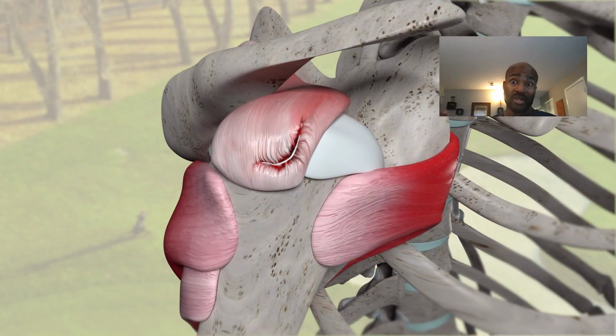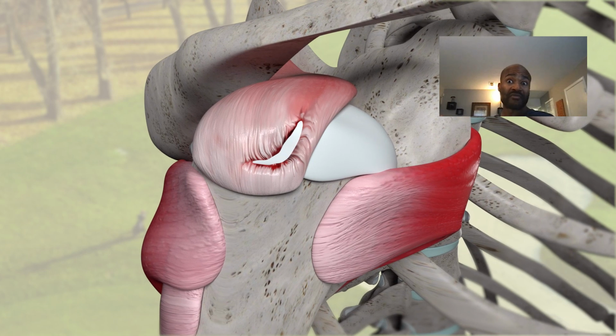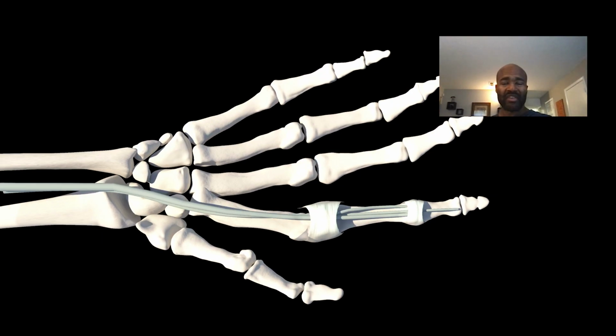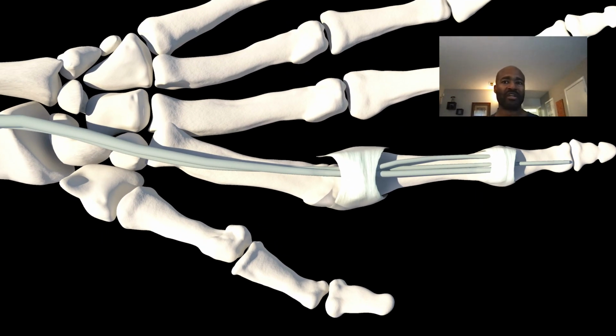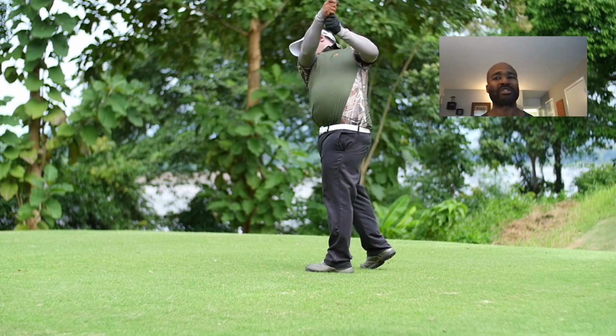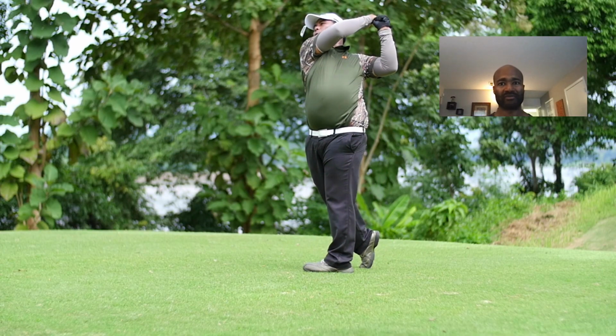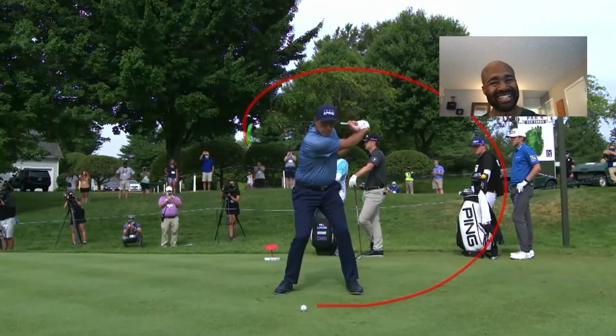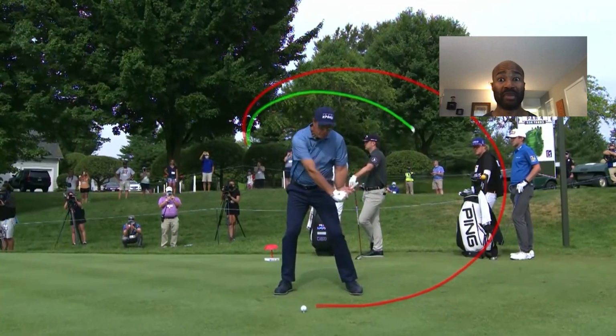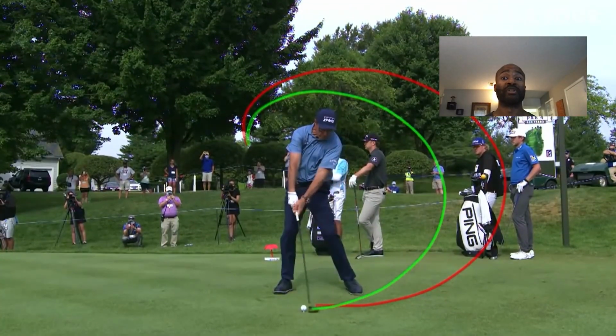And that's where you end up getting the shoulder injuries, the elbow injuries, and the wrist injuries when you have that huge compensation pattern. So again, the primary focus of all of these drills is to reduce all of those compensation patterns so you have a clearer path to making a clean shoulder turn. So here we are.